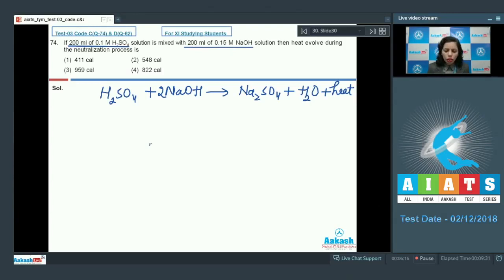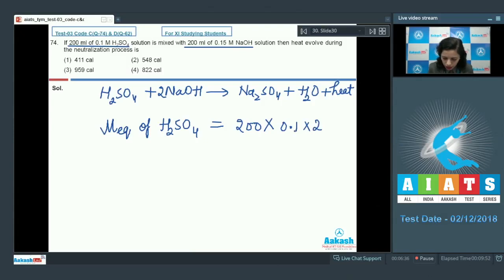First we'll find out the milli equivalent of these two substances. So what would be the milli equivalence of H2SO4? Just find it out. 200 ml is the volume, and what is the normality here? We have molarity, that is 0.1. I'll just multiply n factor to it, and ultimately it would be 40 milli equivalents.